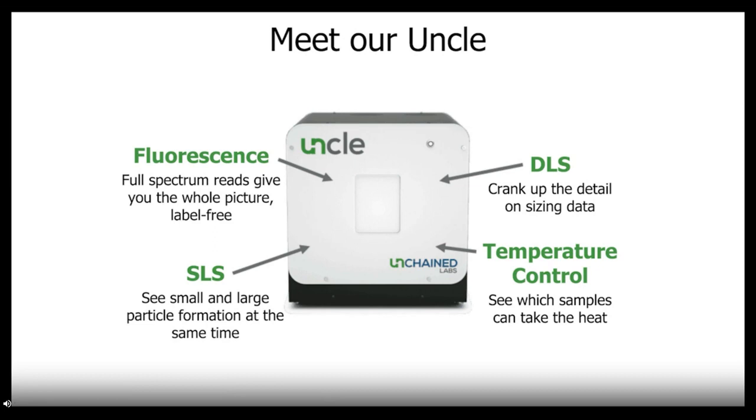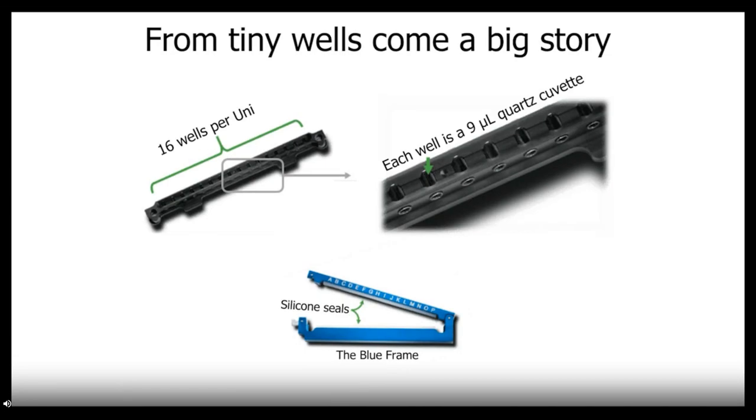Dynamic light scattering, or DLS, is UNCLE's 3rd detection method and is a highly sensitive technique to give you details about your protein's size and size distribution. So besides gathering size data, DLS is powerful for understanding what's in your sample, and it can be used to quality check proteins either independently or before you start a thermal stability experiment.